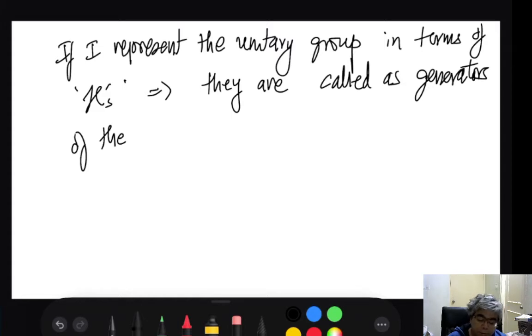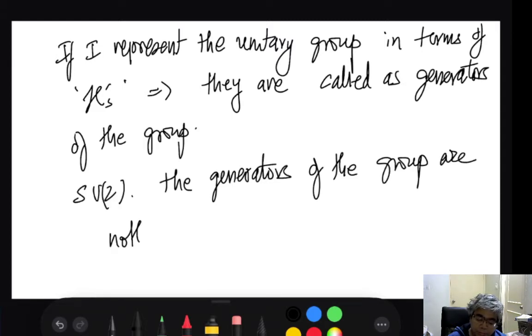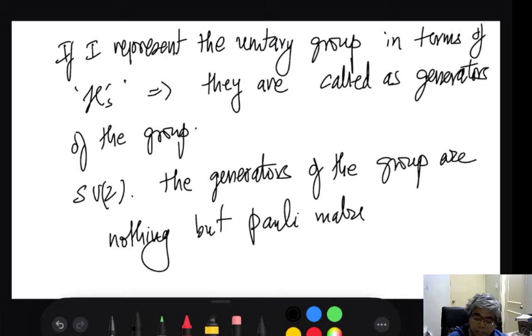In the case of SU2, the generators of the group are nothing but the Pauli matrices.